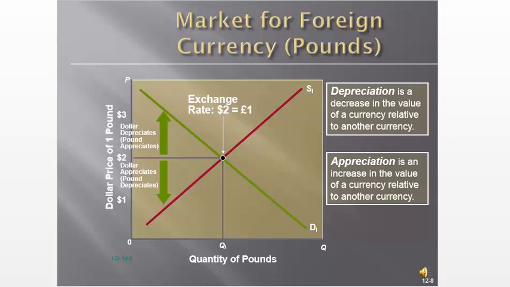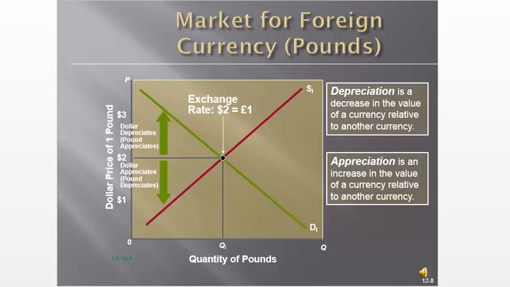Depreciation is a decrease in the value of a currency relative to another currency. For example, it will now take more US dollars to acquire 1 British pound, meaning that it will cost more money to visit Britain, to buy property in Britain, or to shop in Britain.